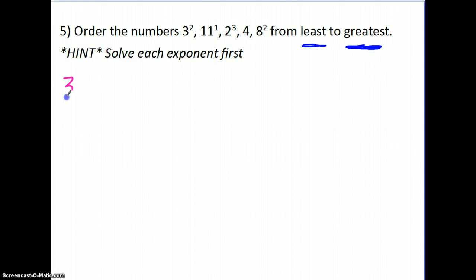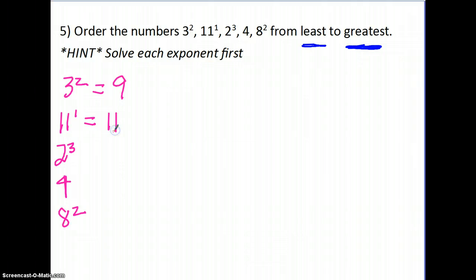So that's what I'm going to do. 3 to the 2nd is 9. 11 to the 1st, that's just 11, because it's just multiplying 11 one time. 2 to the 3rd is 2 times 2 times 2, which is 8. 4 is just 4, and 8 squared is 64.